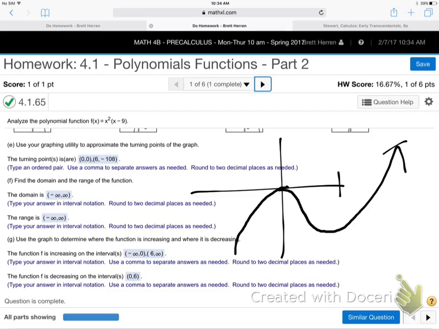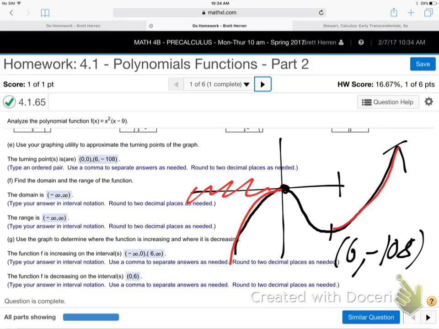This point here is over 6, down 108, and this is 0, 0. So this was increasing, this is increasing. The increasing zone was from negative infinity to 0, and from 6 to infinity, and the decreasing zone was in the middle, from 0 to 6. We good? It's easy.